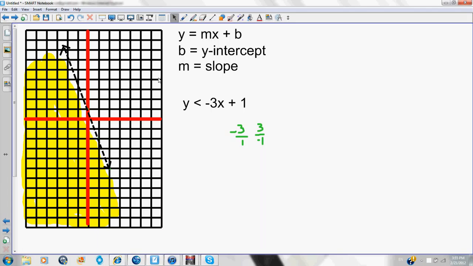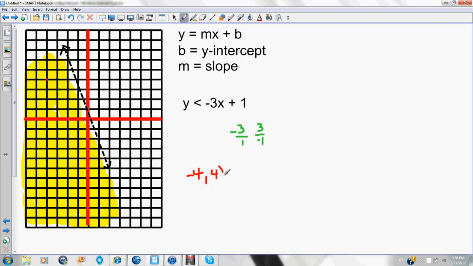So let's just choose one. Let's choose this point. What is that point? Let's go 1, 2, 3, 4 to the left, and 1, 2, 3, 4 up. 4 to the left means -4, and 4 up means +4.